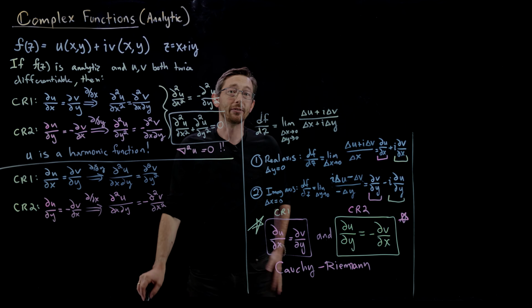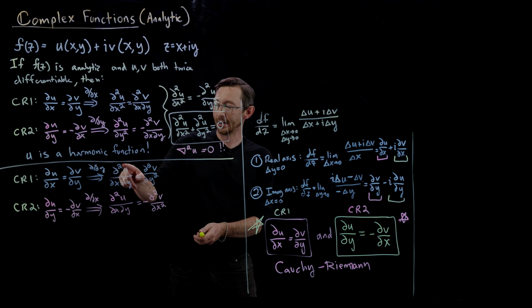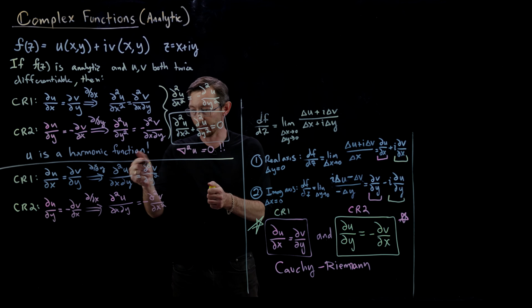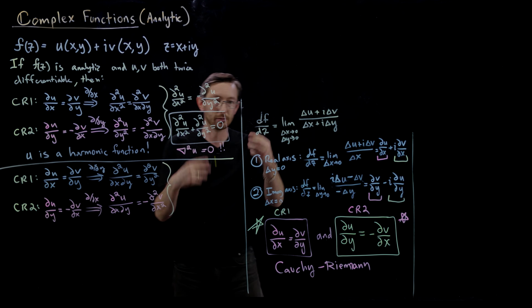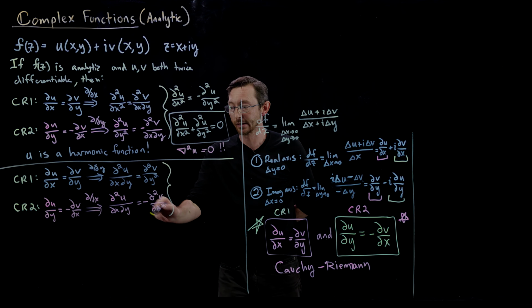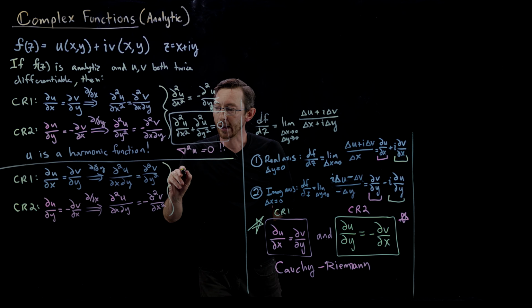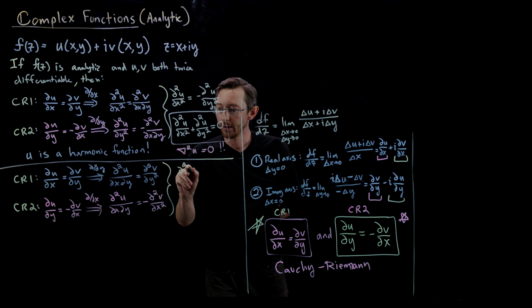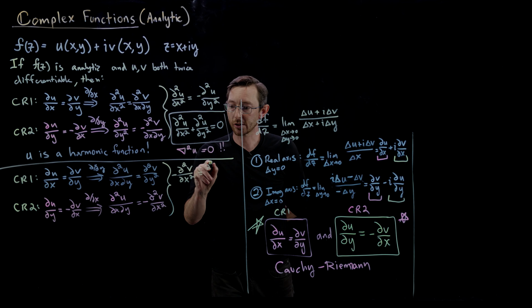And actually, I think this one's even easier because now the left-hand sides are equal to each other, so I don't even have to do any mental carry of the minus 1. This blue expression equals this pink expression. So I have minus partial squared v partial x squared equals partial squared v partial y squared.